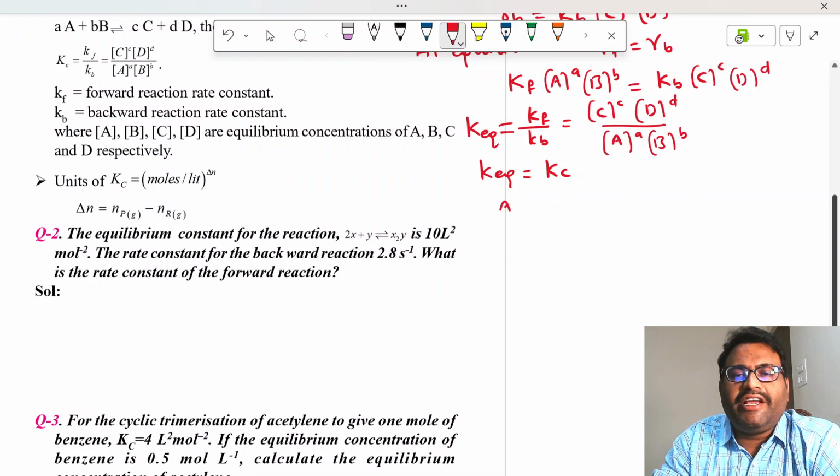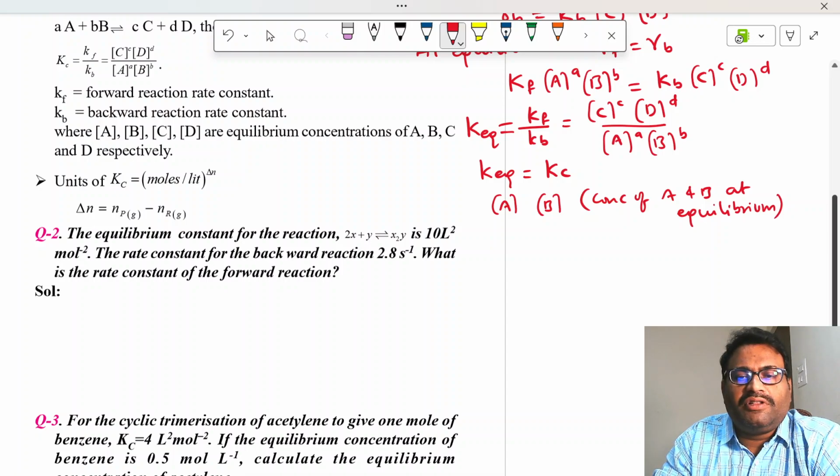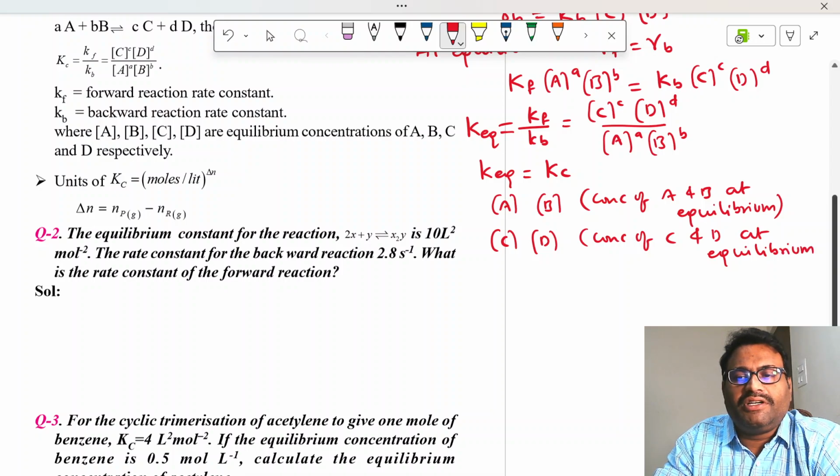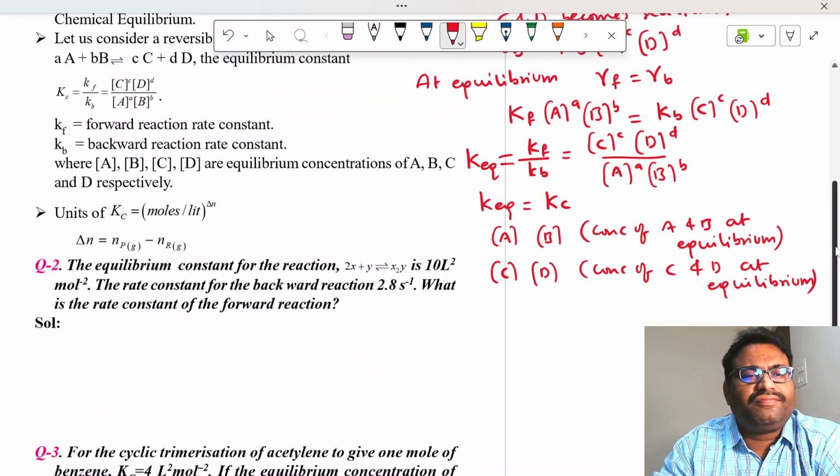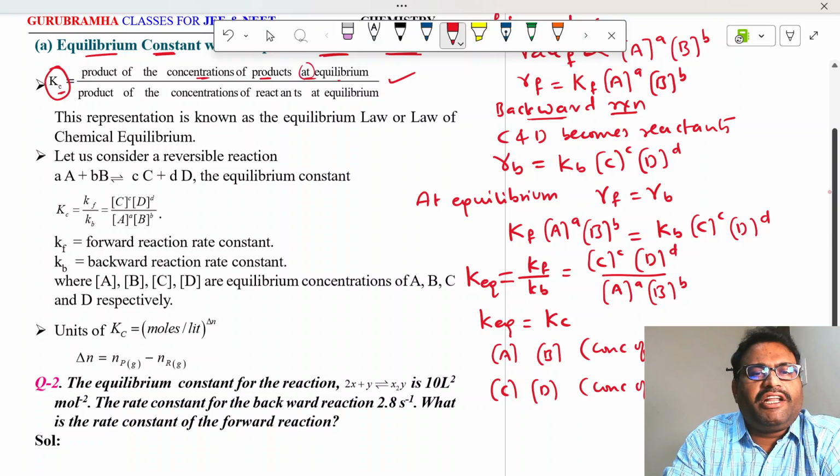A and B are the concentrations of A and B at equilibrium, and C and D are the concentrations of C and D at the equilibrium state. At equilibrium, here also at equilibrium. This representation is known as the equilibrium law or law of chemical equilibrium.